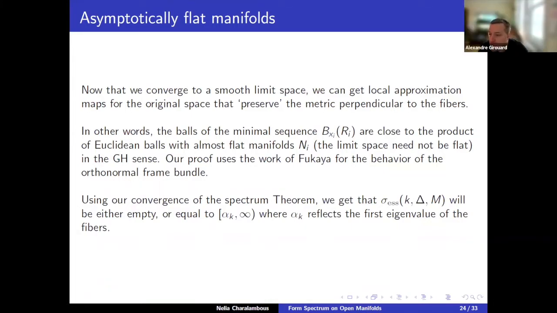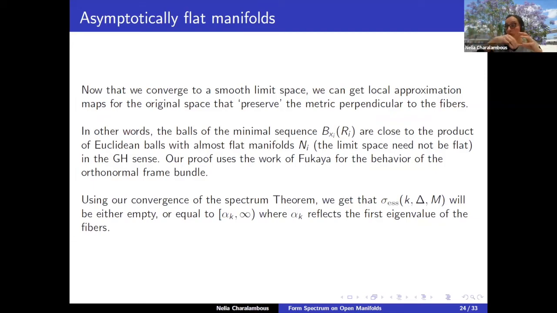Can you say a word about the role of the bundle here, the frame bundle? So the frame bundle allows us to break the part that's going to stay a little bit flat, sort of like a Euclidean space. And we show that the fiber is better described by the quotient on the frame bundle.